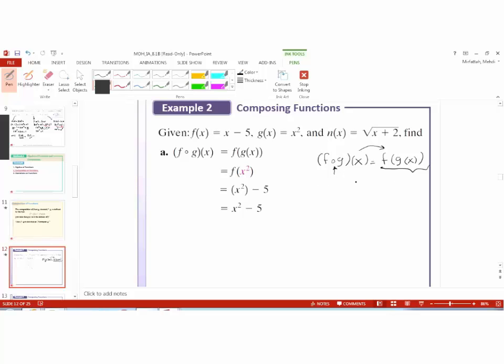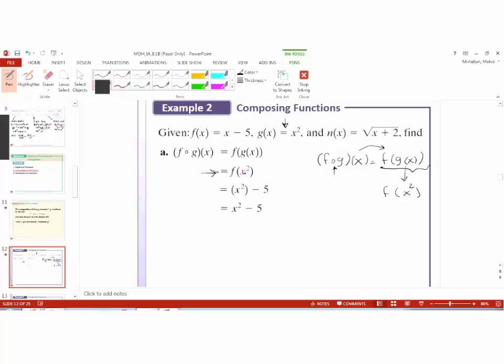That's the first step. Now, g of x is given to me. It's right here. So you substitute that x squared here, like you see here. You substitute g of x with what's given to me.